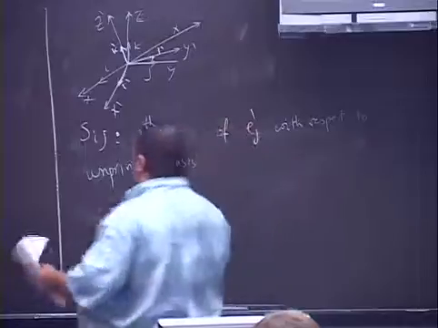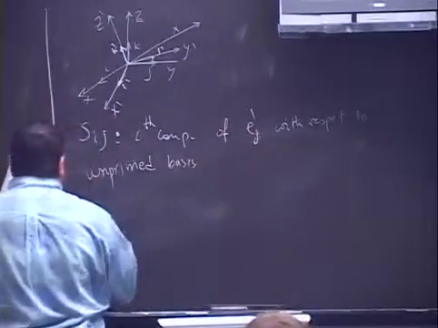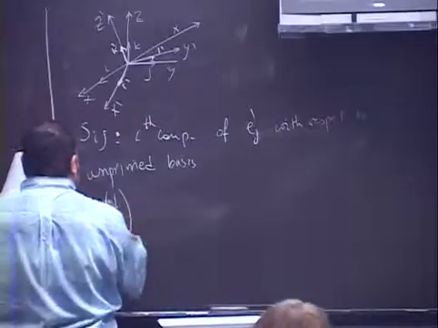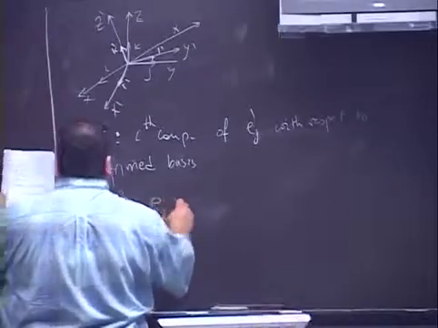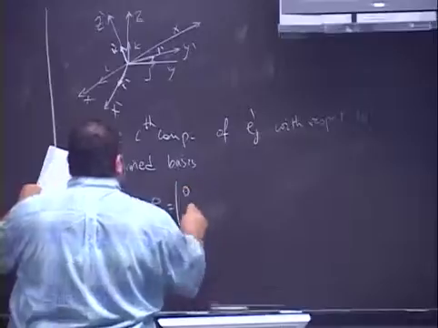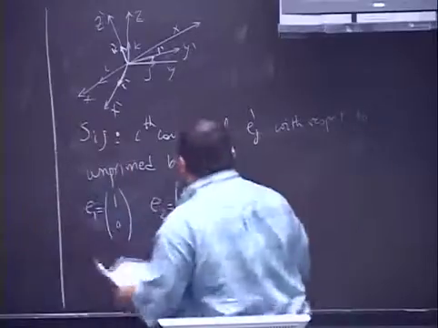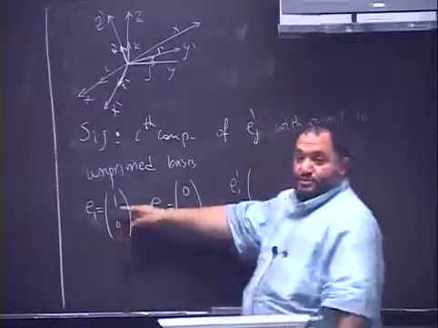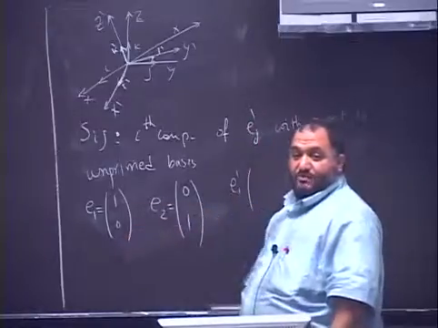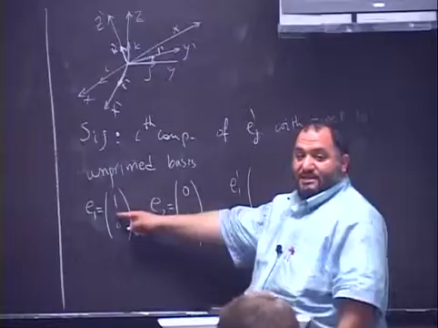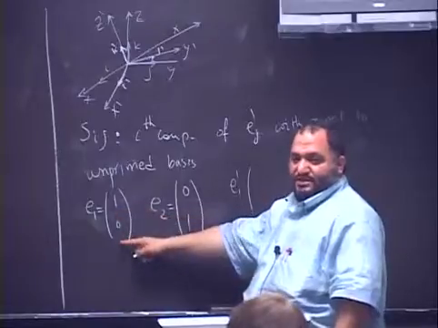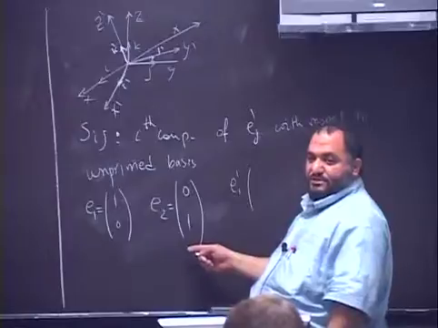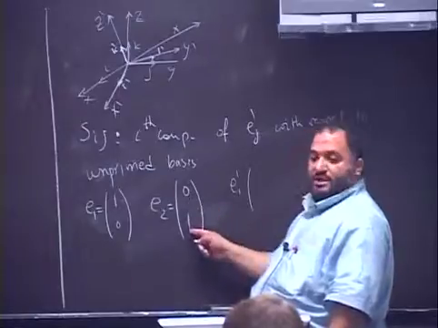And let's say that we have E1 as 1 and 0, and E2 is 0 and 1. So this is a vector in 2-dimensional space, and it has 1 in x1 and 0 in x2, and 0 in x1 and 1 in x2.